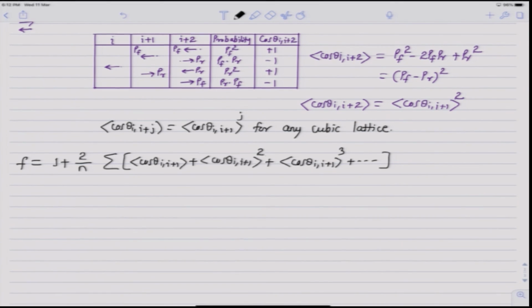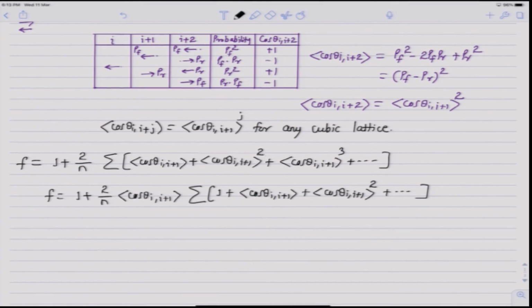If we take average of cos theta I plus 1 common, we get 1 plus 2 over n average of cos theta I plus 1 summation of 1 plus average of cos theta I plus 1 plus average of cos theta I plus 1 square, and so on. I varies from 1 to n minus 1.